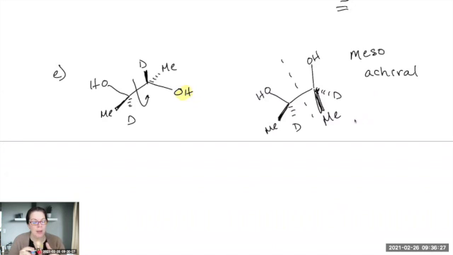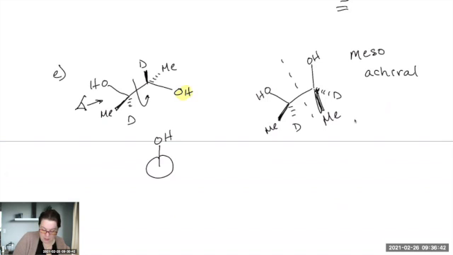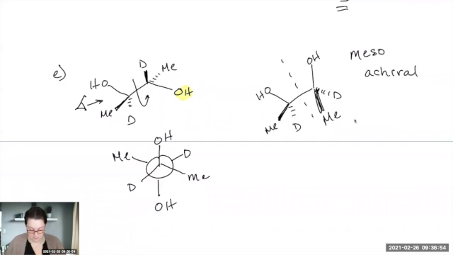If you are a big fan of the Newman projections, this is a great use of the Newman projection. Your original Newman projection would look like this. If we looked down this bond, we would have hydroxyl group up, methyl group down to the right, deuterium down to the left. In the back, we would see hydroxyl, deuterium, and methyl like this.